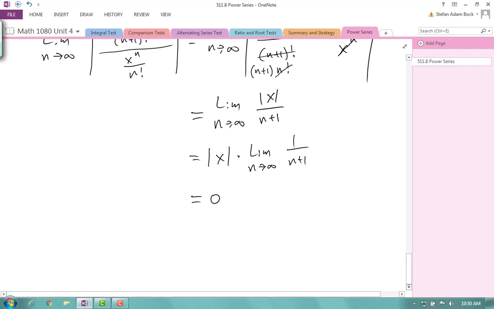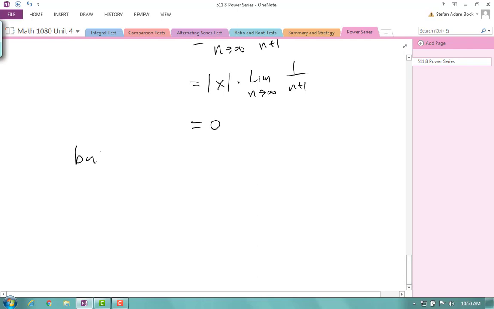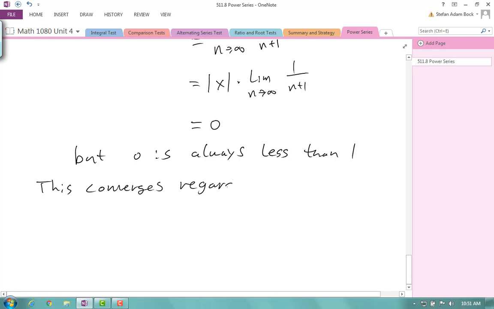But 0 is always less than 1. So this converges regardless of what x is. And so when this happens, we say that the radius of convergence, ROC, is infinite. This is a series which converges for all x values.